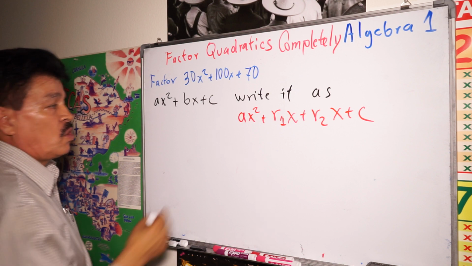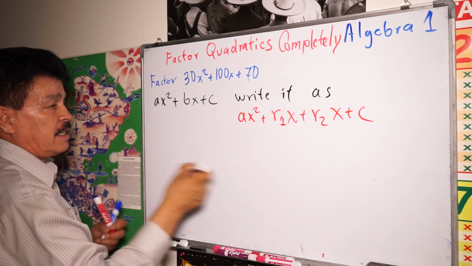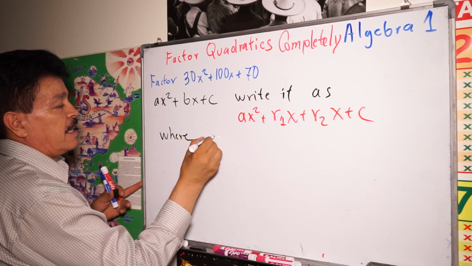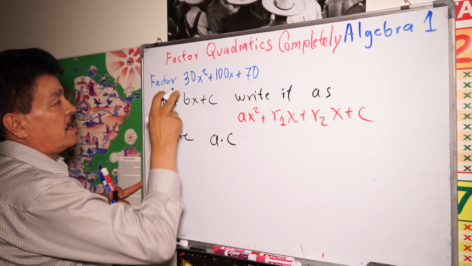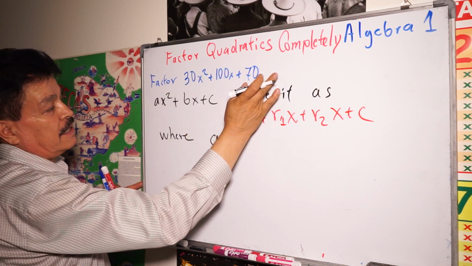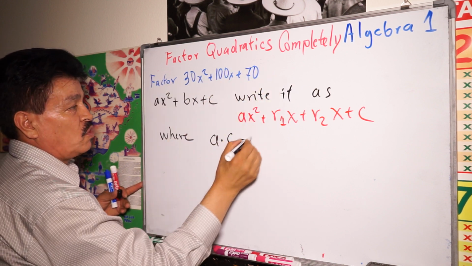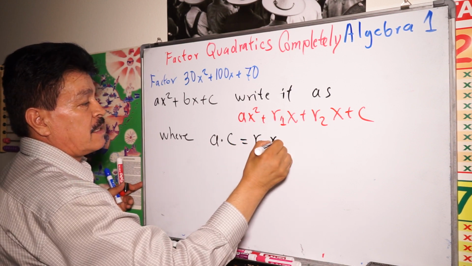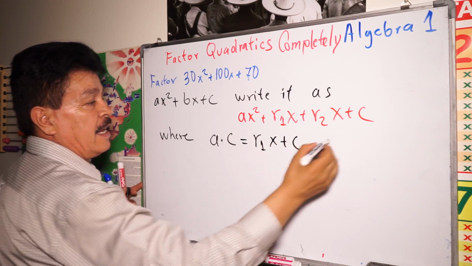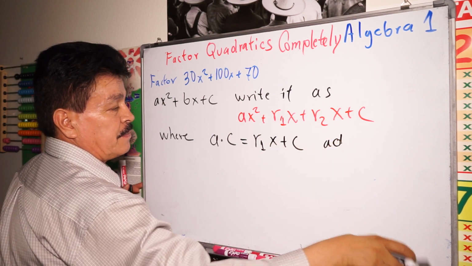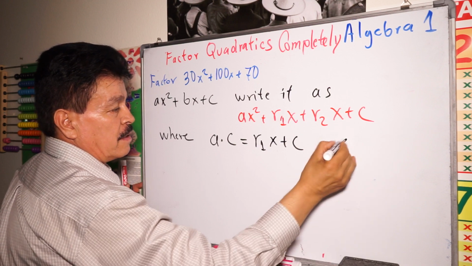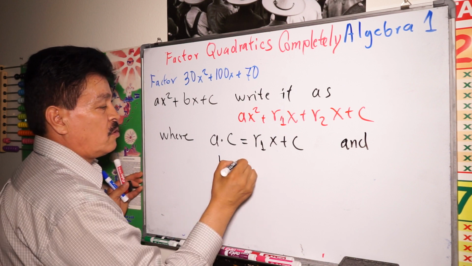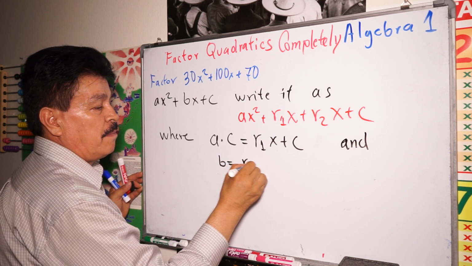In this case, a times c is going to be r1 times r2, and b is equal to r1 plus r2.